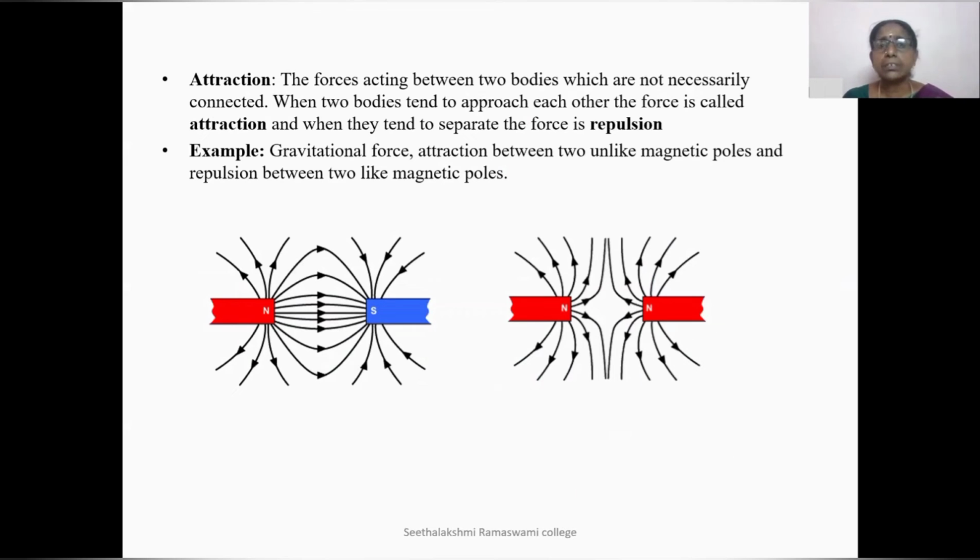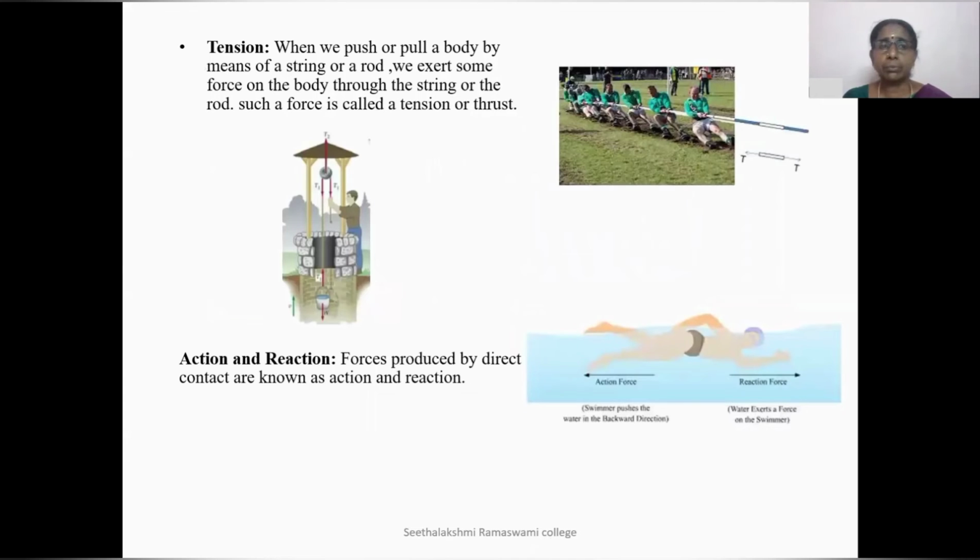When two bodies tend to approach each other, the force is called attraction, and when they tend to separate, the force is called repulsion. Examples of attraction are gravitational force and attraction between two unlike magnetic poles. An example of repulsion is the repulsion between two like magnetic poles.